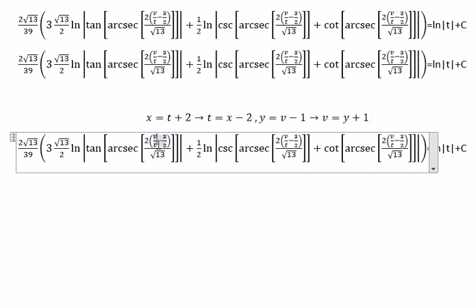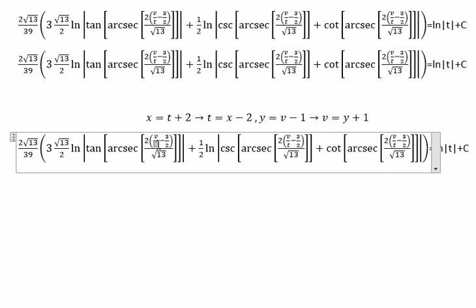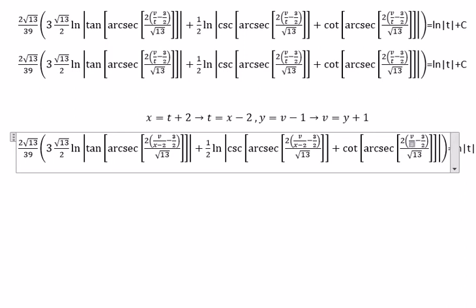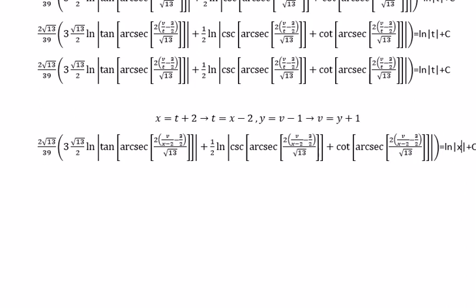T should be in here. And this one too. About v, that's y plus 1.